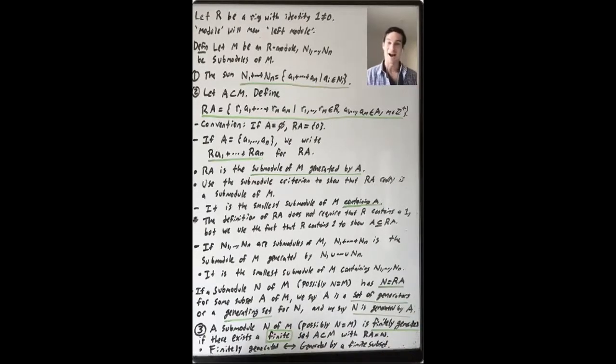So we can now give a definition that's analogous to one we've seen for groups and for ideals. A submodule N of M, possibly including the case where N equals M itself, is finitely generated if there exists a finite subset A of M with Ra equals N. So what does that mean?